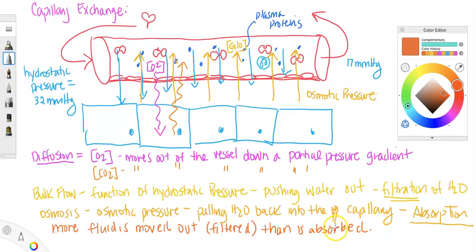So at the end of a 24-hour period, the net filtration left over in the interstitial space is about 3 liters.